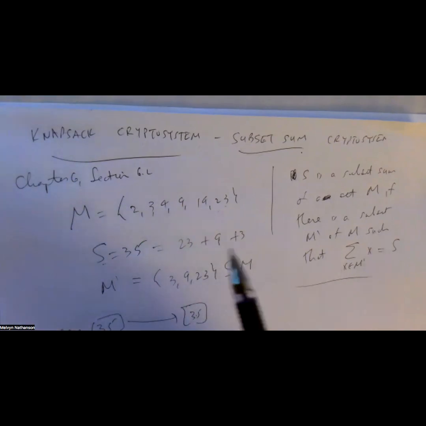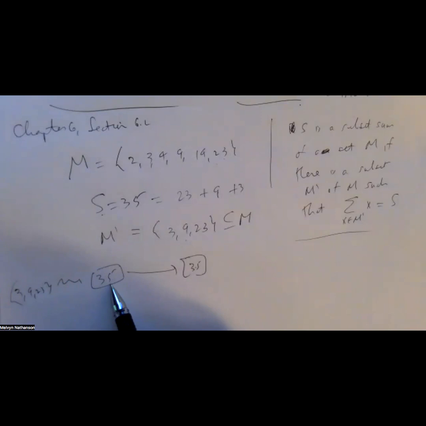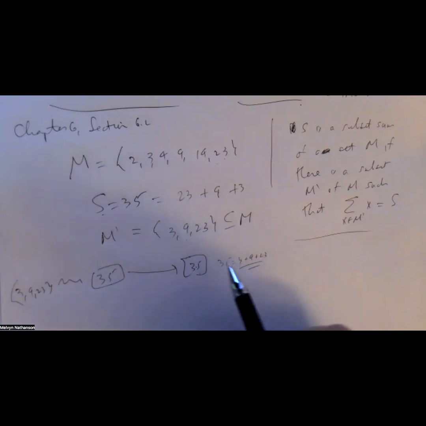And somehow that will be how the message is conveyed. So maybe the message you want to send is the set 3, 9, 23. You compute the subset sum, you send it, and then the person who receives it writes 35 as 3 plus 9 plus 23 and knows that's the subset you wanted to send.